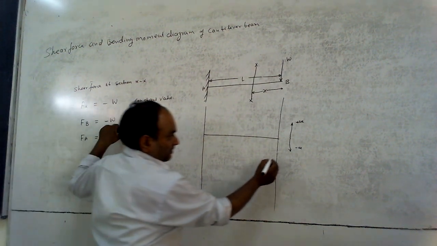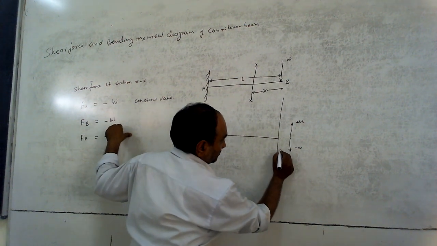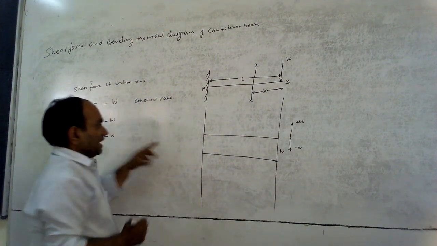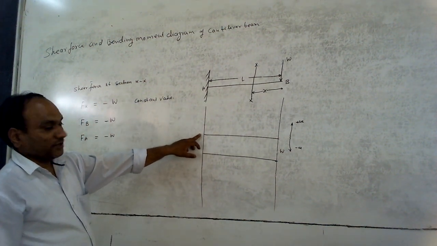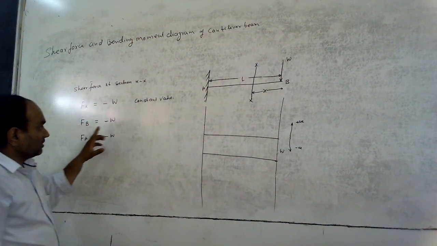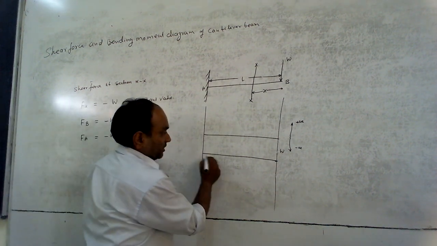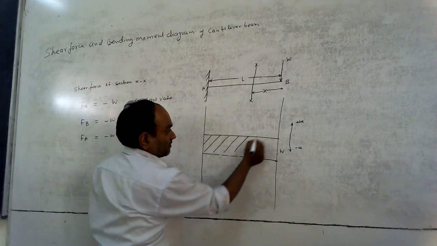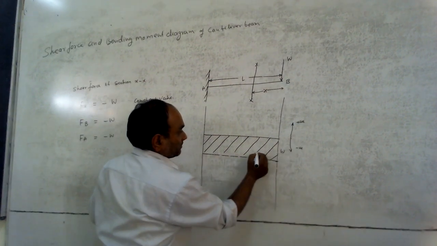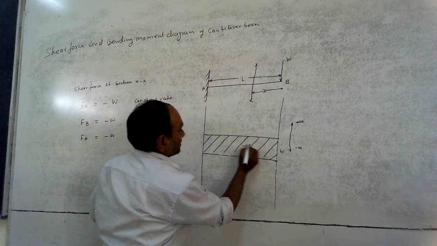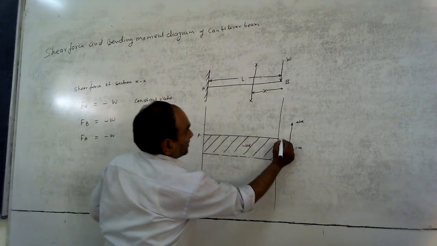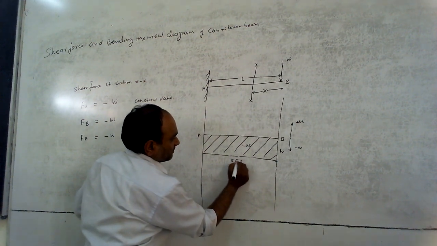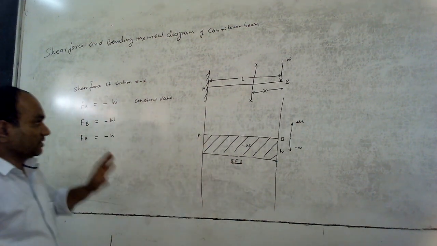It means this is W. At point A, this load is also W. So there will be a constant line. This is the shear force diagram of the cantilever beam. This is AB, negative. It's a very simple case.